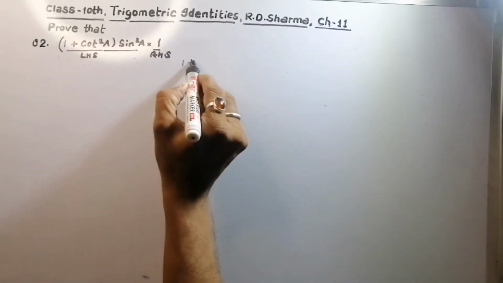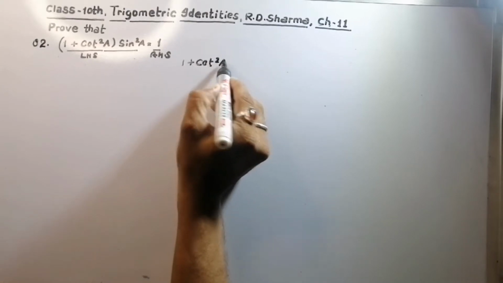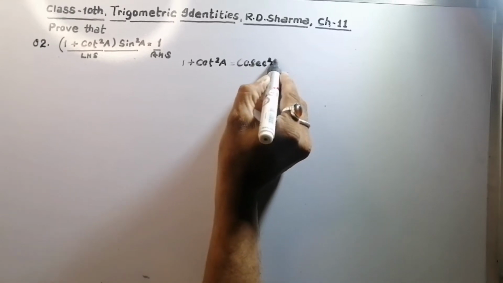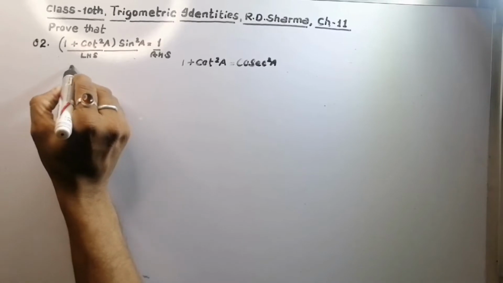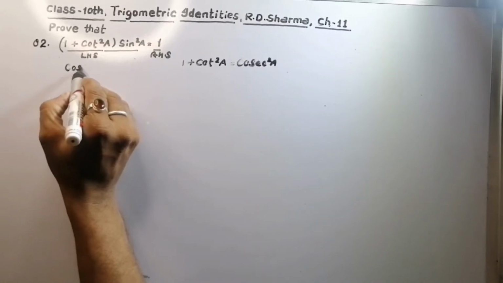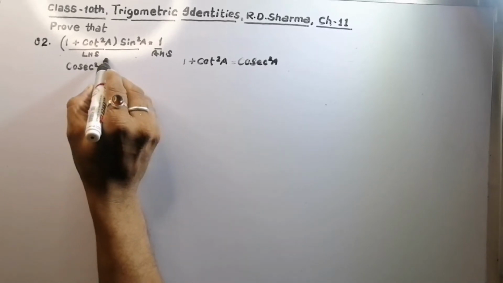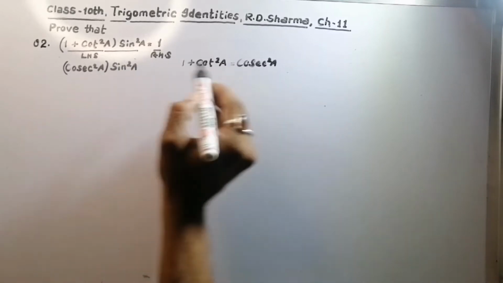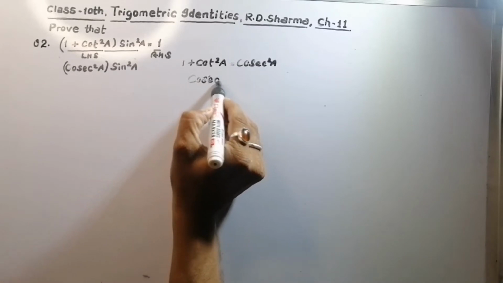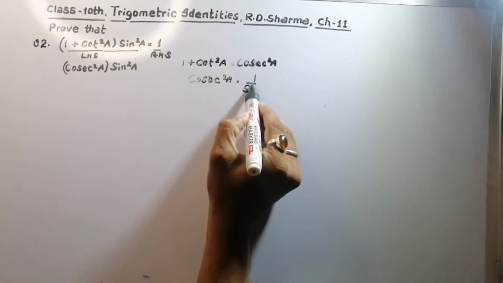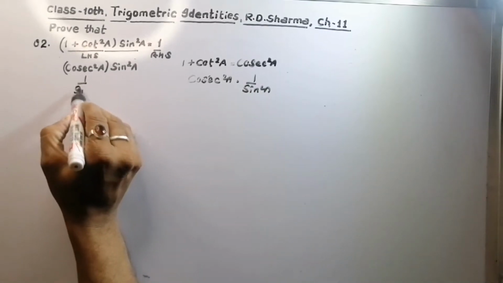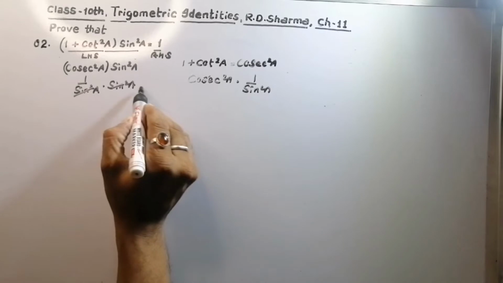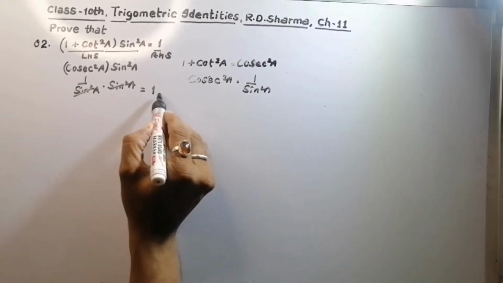First we know that 1 plus cot square A is equal to cosec square A. So in place of 1 plus cot square A, we can write cosec square A into sin square A, and cosec square A is equal to 1 upon sin square A. So we can write 1 upon sin square A into sin square A. Sin square A divided by sin square A is one. So it is 1, which is equal to the right hand side.